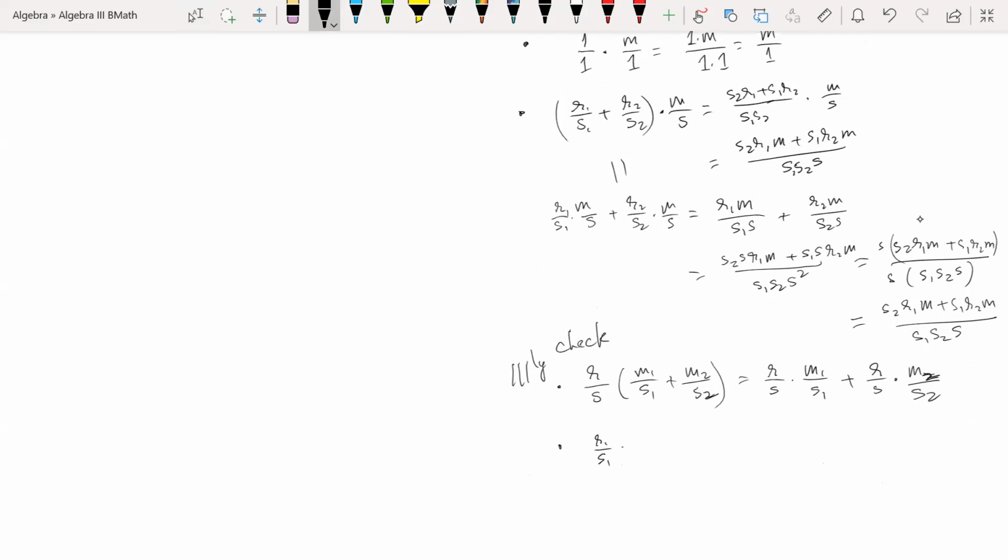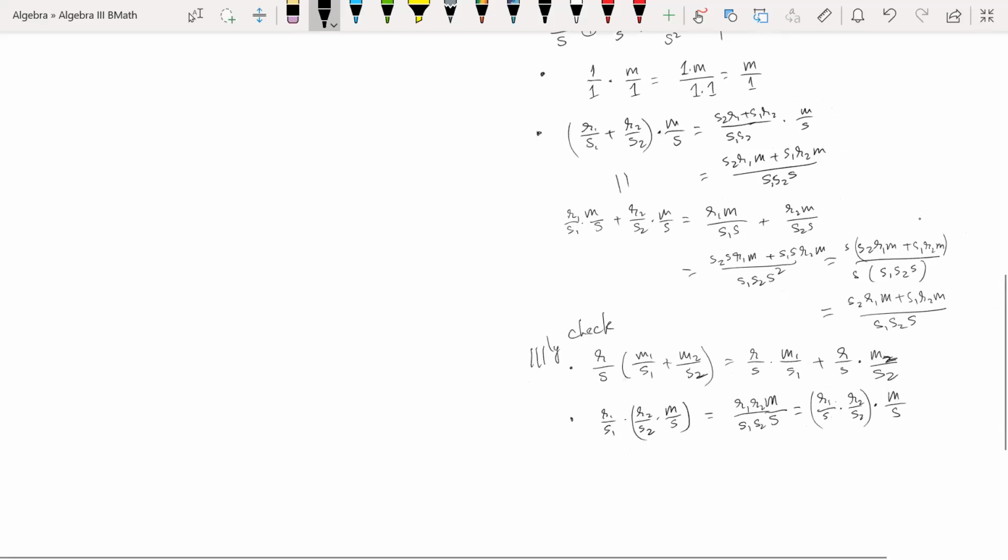R1 over S1 dot R2 over S2 dot M over S is the same as R1 R2 over S1 S2 dot M over S, which is R1 R2 M over S1 S2 S, which of course is the same as R1 over S1 times R2 over S2 dot M over S. This multiplication is in the ring, and this is the scalar multiplication.